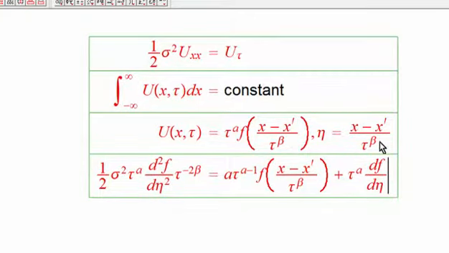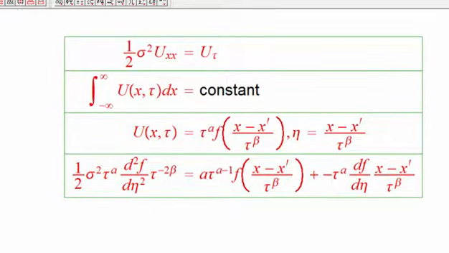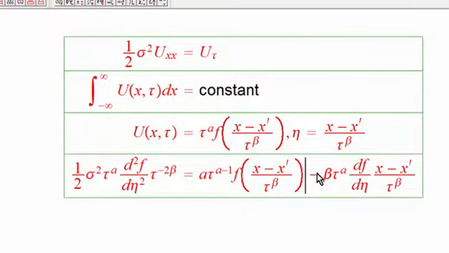Now the derivative of eta with respect to tau. So think of that as tau to the minus beta. A minus beta is going to come down up front. And then I'm going to end up subtracting 1 from the exponent.